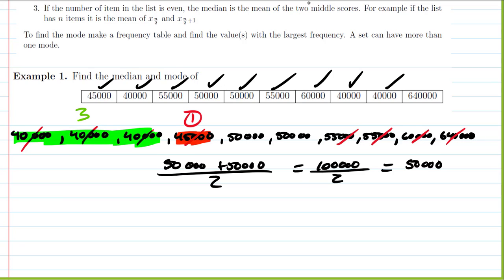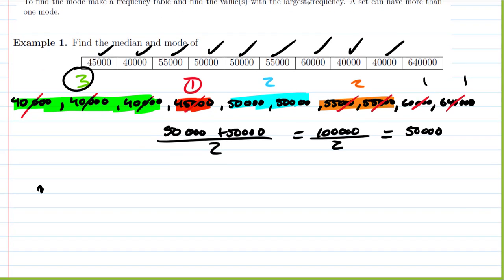And if we look at our 50,000s, we have 2. 55,000s, we also have 2. And each of the remaining ones, we only have 1. 1 and 1. So our biggest one is 3. So our mode is 40,000.